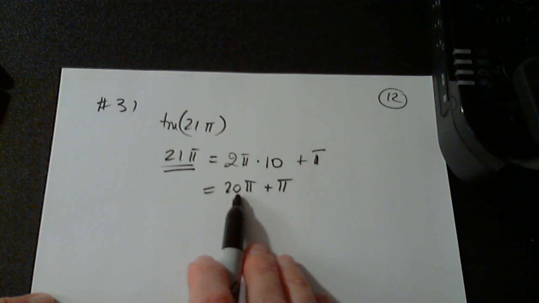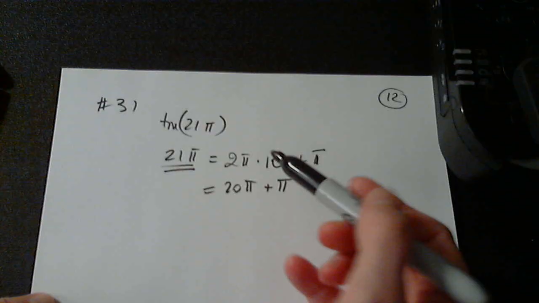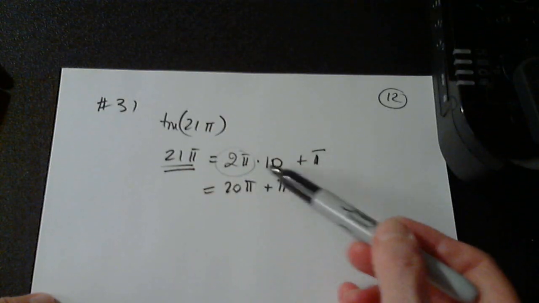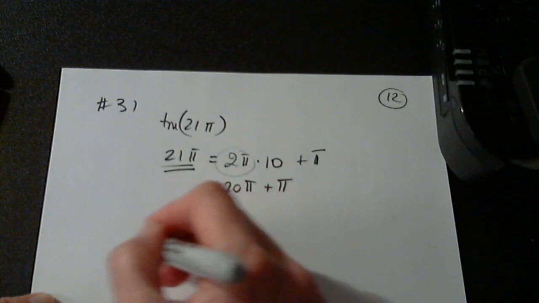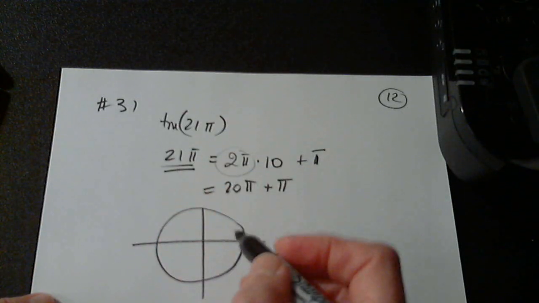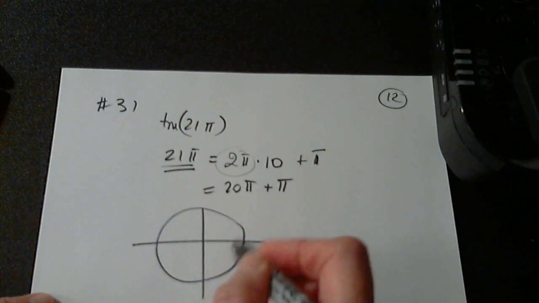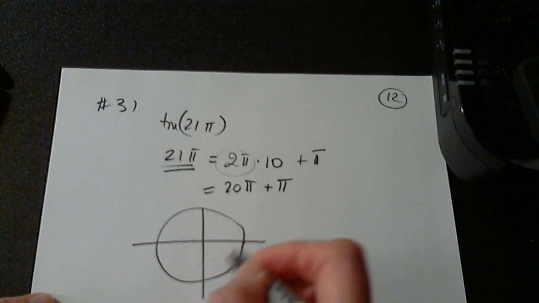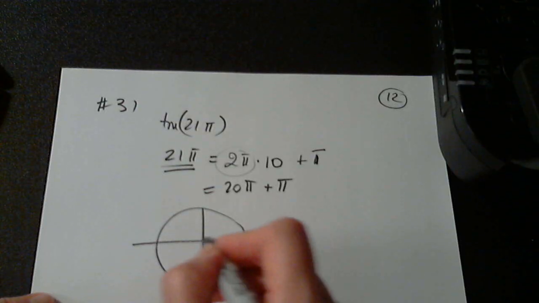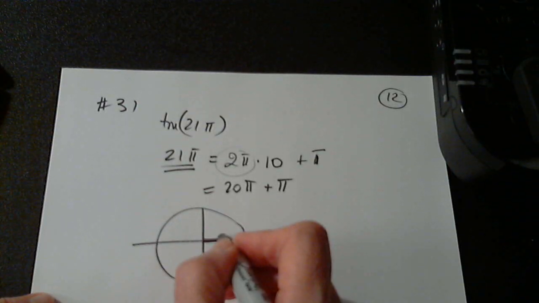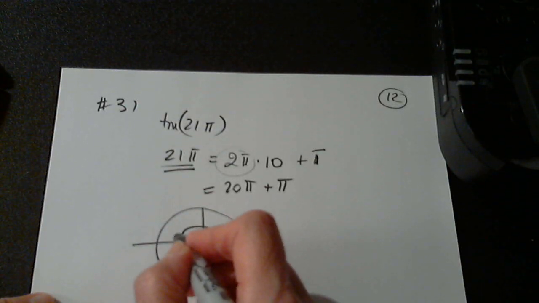So the 20 pi is basically 10 full rotations. I don't care for it. What does that mean? Because I start here and I go around the circle 10 times. But then I have plus pi. So the angle starts here and it ends here.